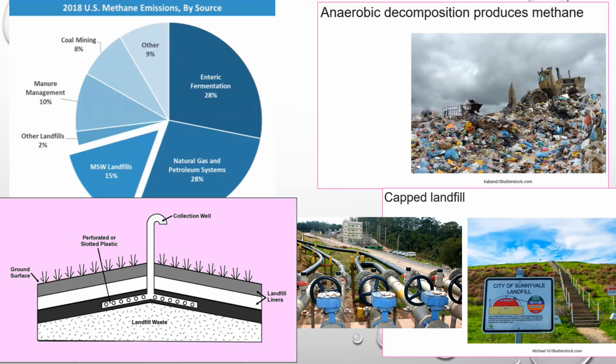But if you look at the rest of this chart, you will see that 15% of all methane emissions came from municipal solid waste, which was in this type of sanitary municipal landfill. And then I showed you a picture in here and a picture over here of the capped landfills, the sanitary landfills, actually having a methane collection system.